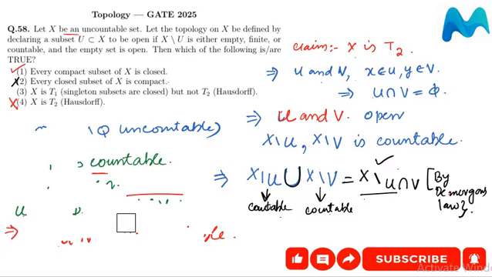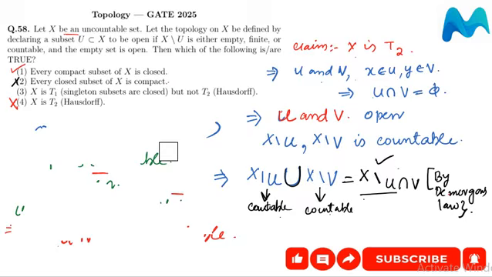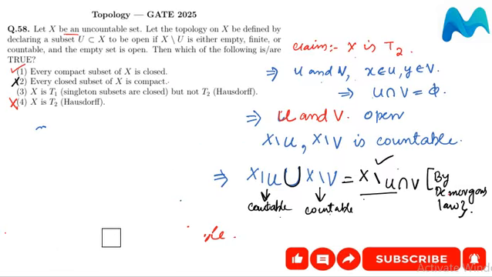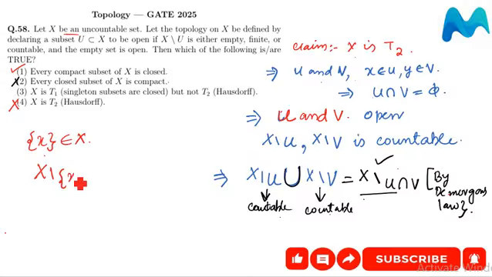But always remember that co-finite and co-countable topologies are always T1 topologies. Singleton subsets are closed, yes, because if you have any singleton subset of X, it is closed, because X minus the singleton is open, since its complement is not uncountable.